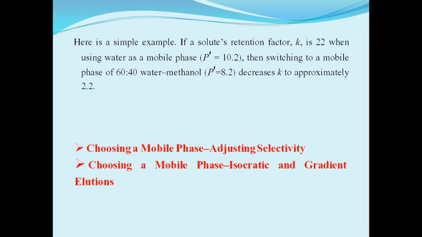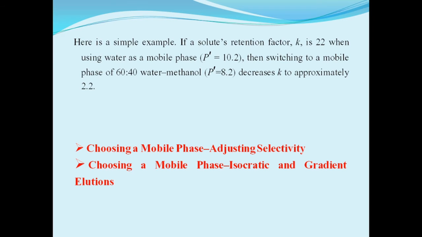One difficulty with an isocratic elution is that an appropriate mobile phase strength for early eluting solutes may lead to unacceptably long retention times for later eluting solutes.